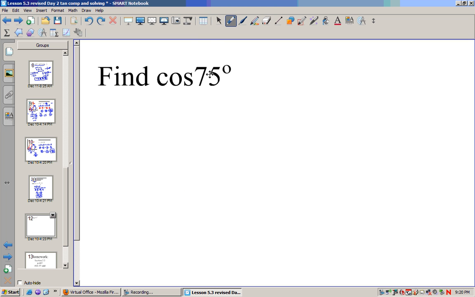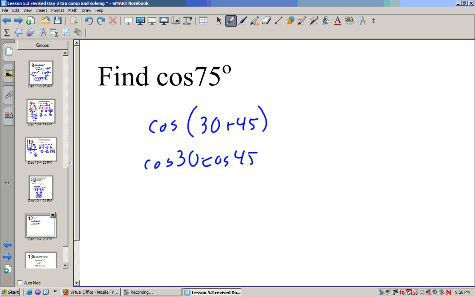If I want to find the cosine of 75, that's 30 plus 45. So that's cosine 30 cosine 45 minus sine 30 sine 45. So cosine of 30 is root 3 over 2.